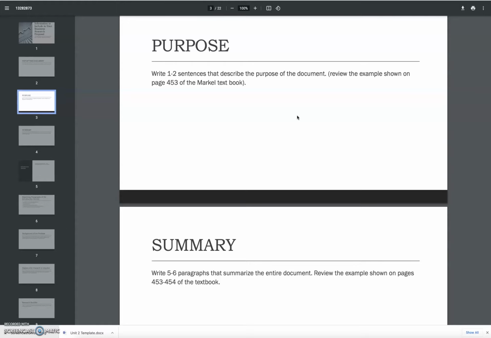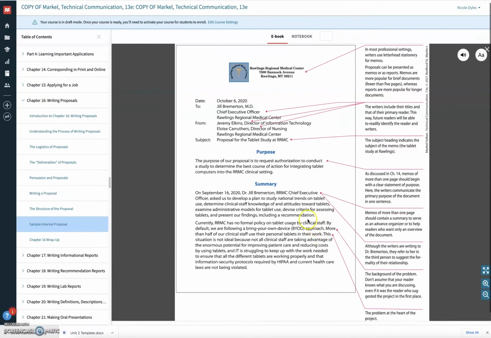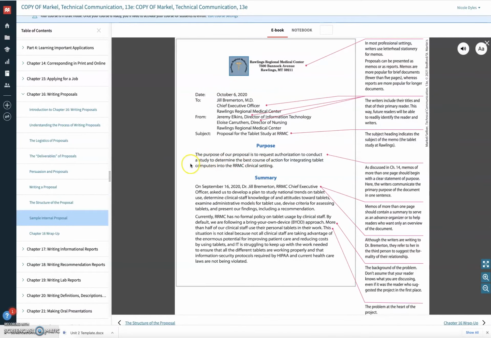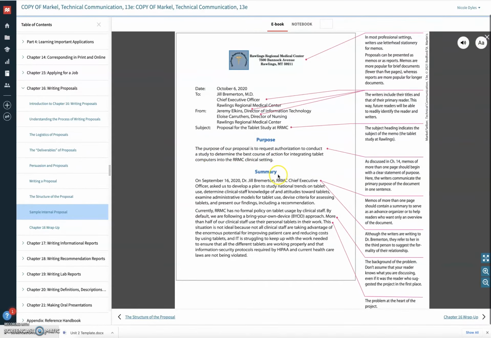Go back and read the Unit 2 assignment description if you do not know what I'm talking about, because by now you should know. So your purpose should be very short. In this example, it's literally only 1 sentence, and that's totally fine. So let's move down to the summary.